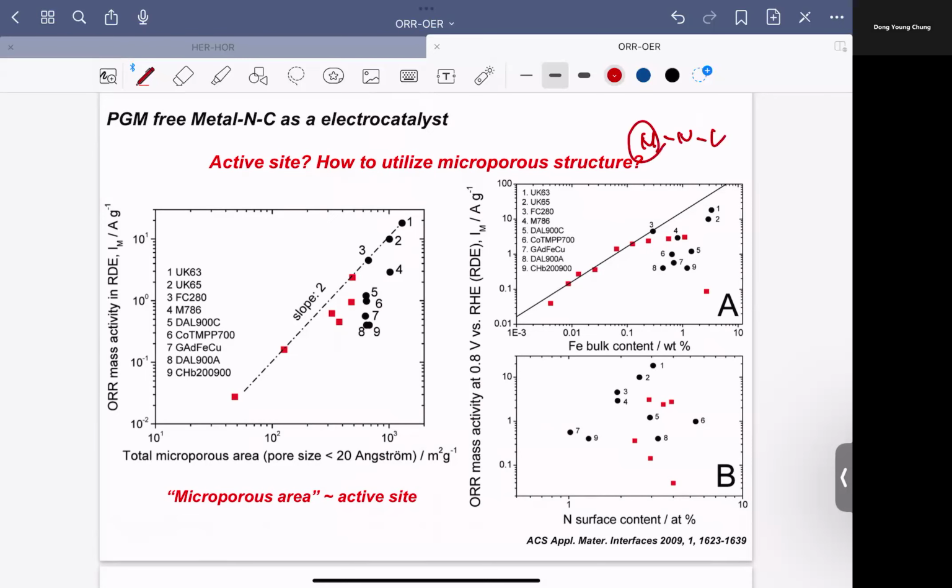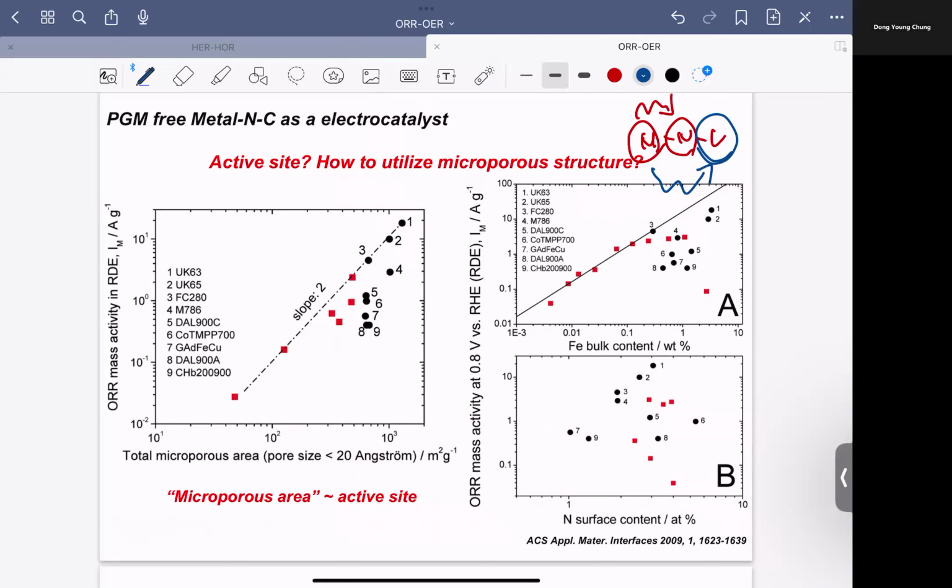And others show that the nitrogen is the active site, but when there is a metal with the nitrogen, the metal controls or changes the nitrogen. And some people still focus on the carbon as the active site, but if you introduce the metal or nitrogen, it can also affect the carbon itself.